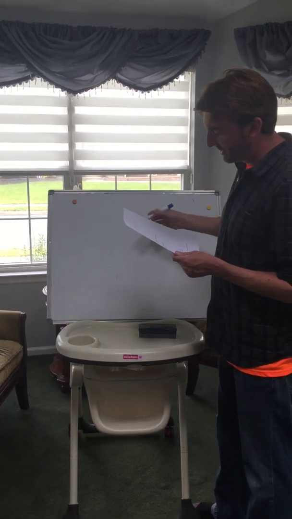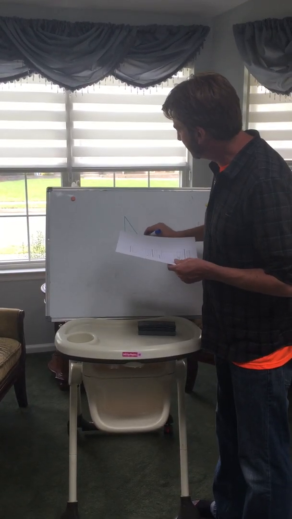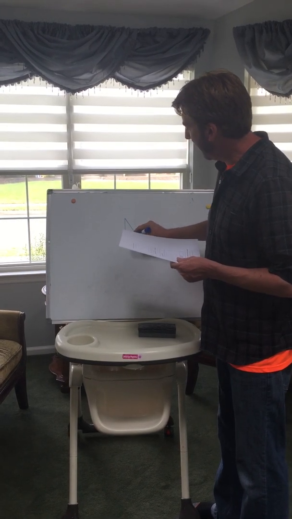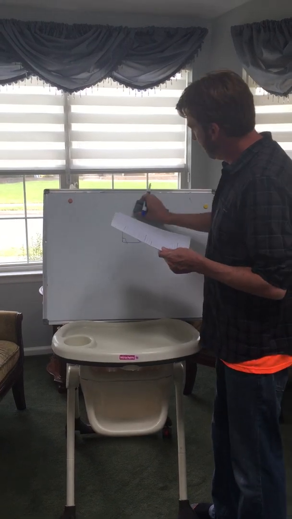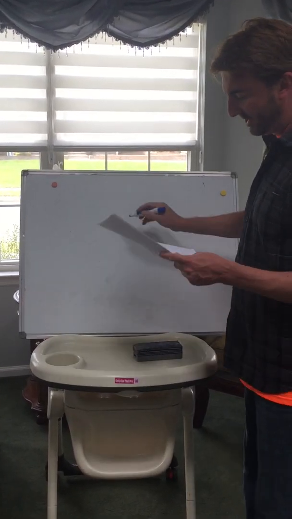How many acute angles are there on a right triangle? Well, you could have just drawn one. That one's 90 degrees, and then you have 2 acute angles. What sides are parallel?